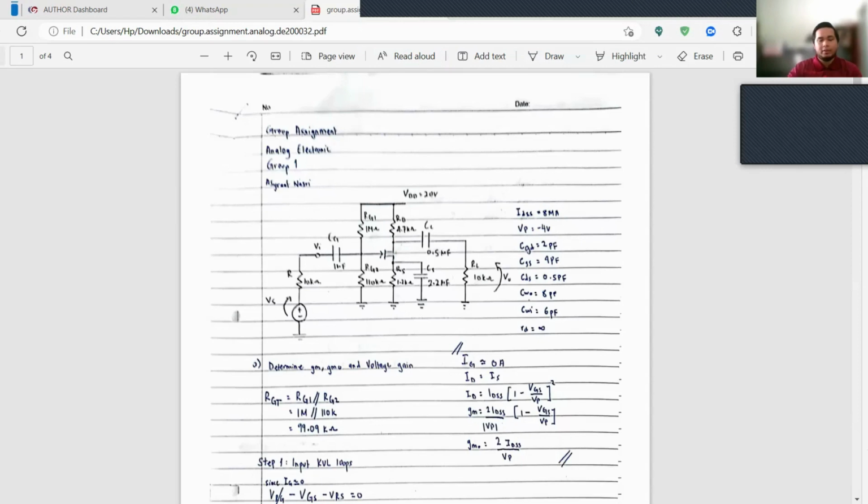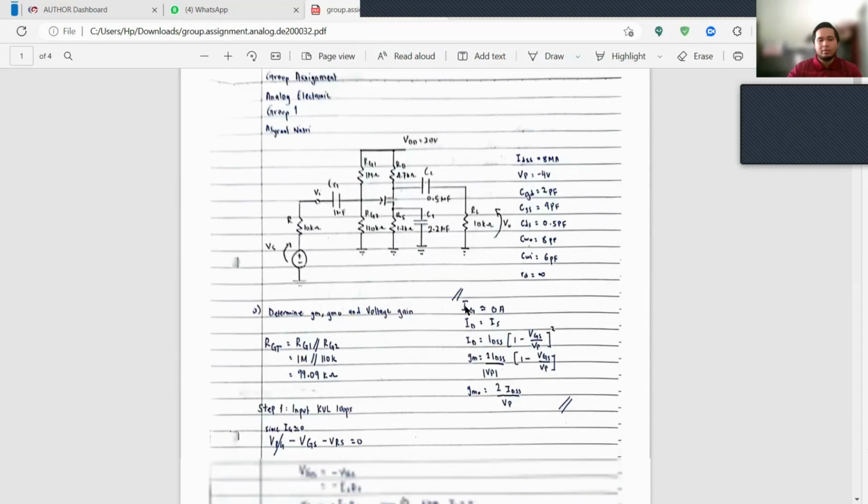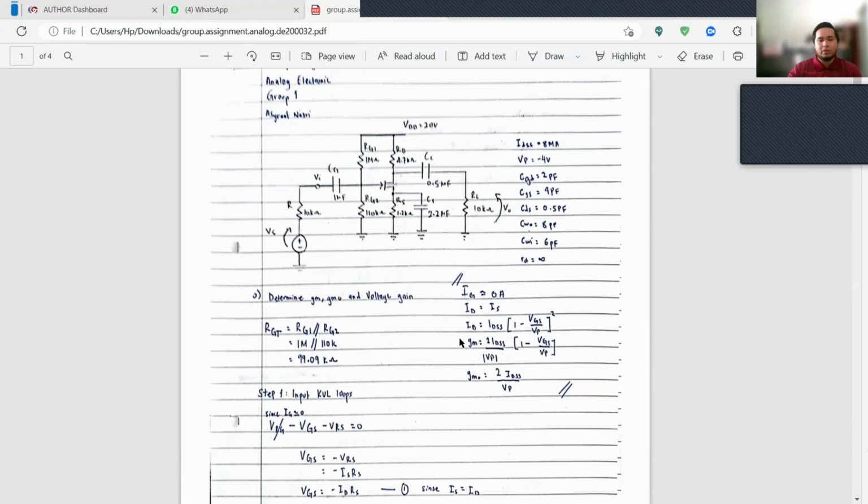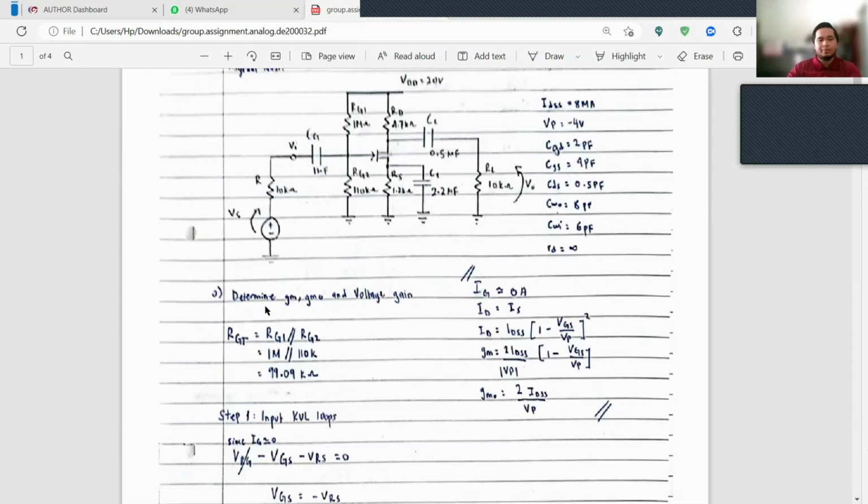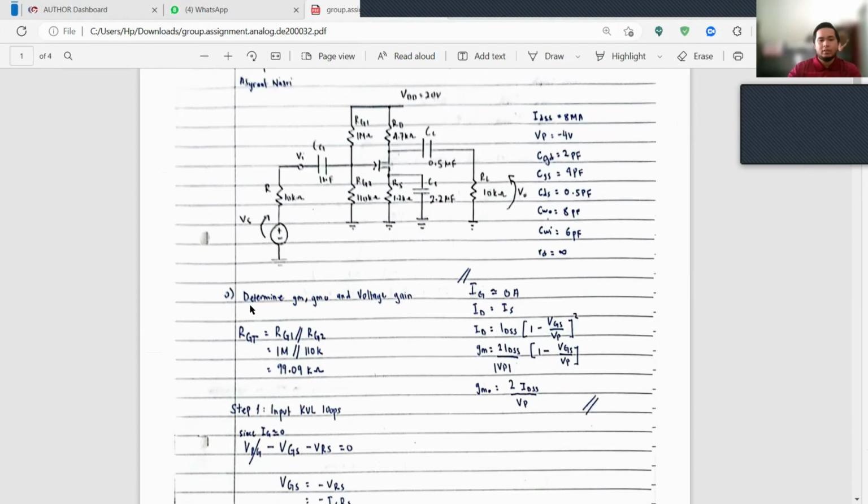So for the group assignment, we are given this circuit. Given this information, and these are the tips of this question. First of all, we need to determine gm0 and voltage gain.